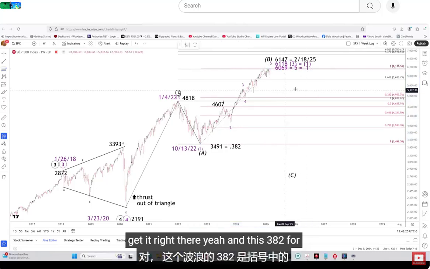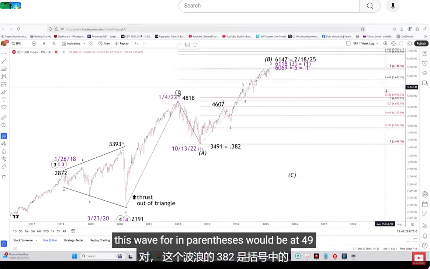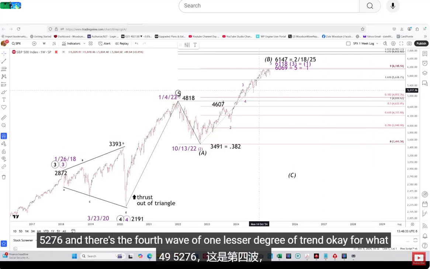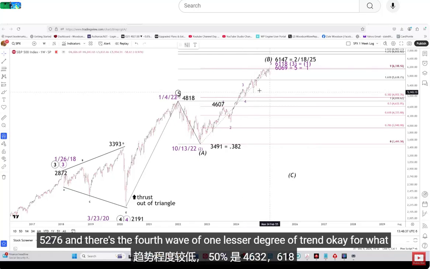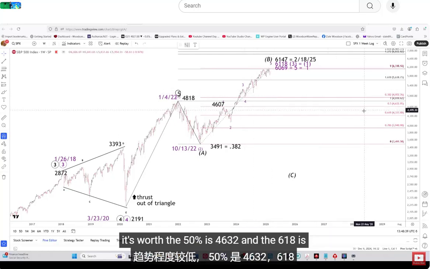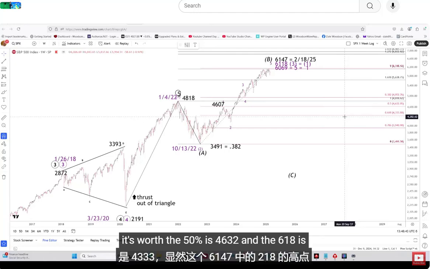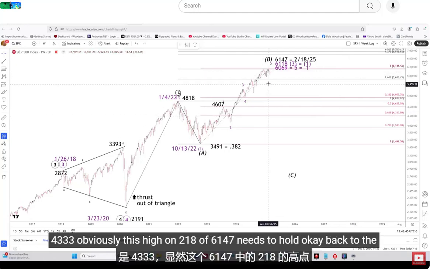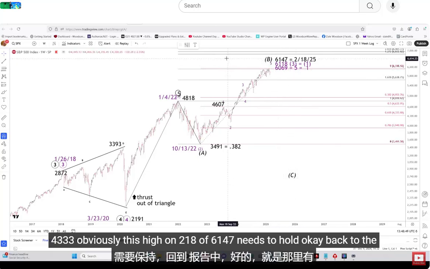And this 382 for this wave 4 in parentheses would be at 49.52.76. And there's the fourth wave of one lesser degree of trend. For what it's worth, the 50% is 46.32 and the 618 is 43.33. Obviously, this high on 218 of 61.47 needs to hold.